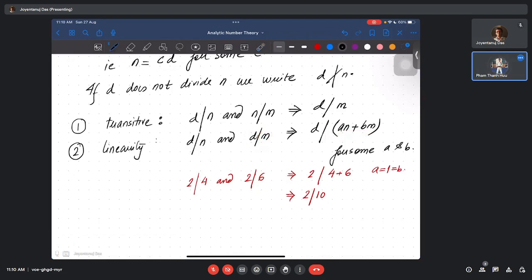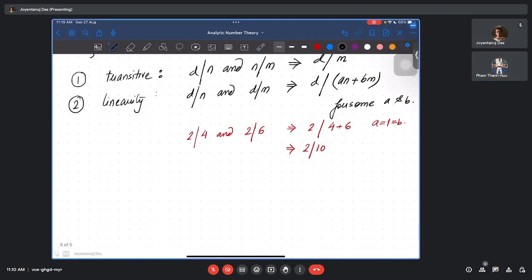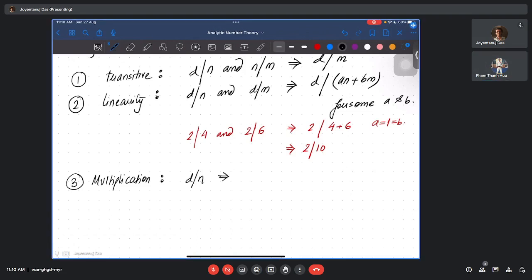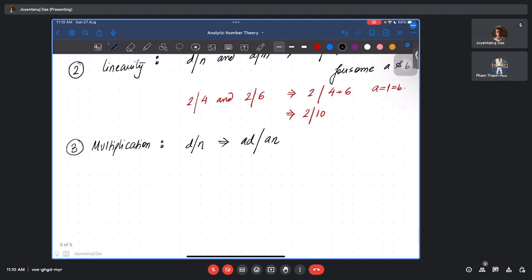So the next property is the multiplication property. It says suppose d divides n. So this implies a times d also divides a times n, right?